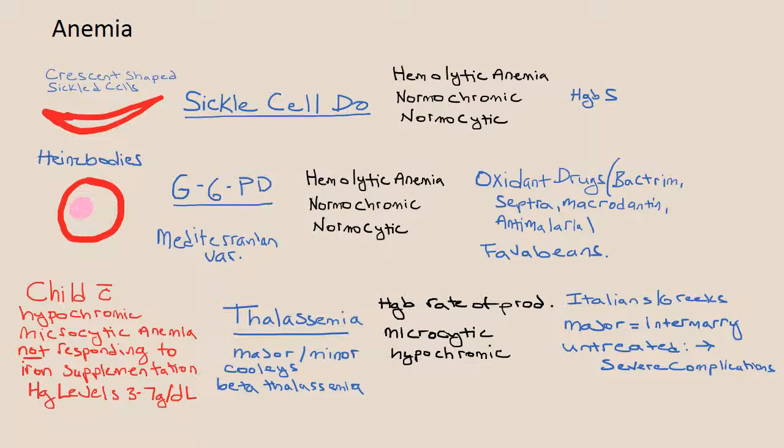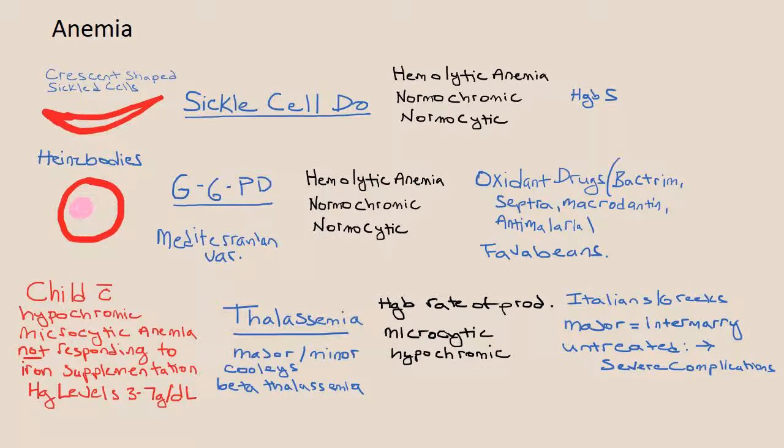This can occur particularly in Italians and Greeks. The major form is more common in families who intermarry. It's also found in other parts of the globe like North Africa, Southern Europe, and the Middle East. You can see severe anemia in these kids with hemoglobin levels from 3 to 7.